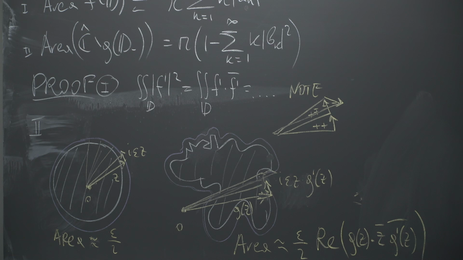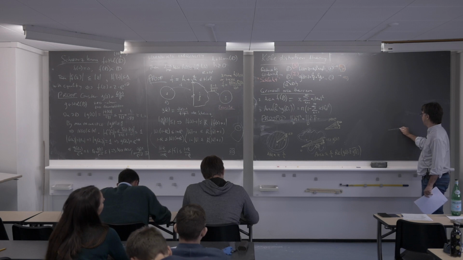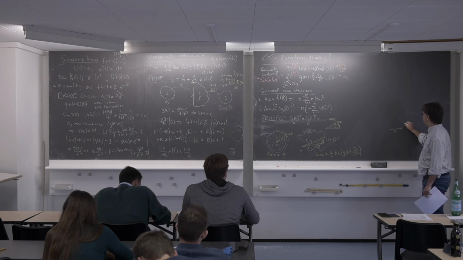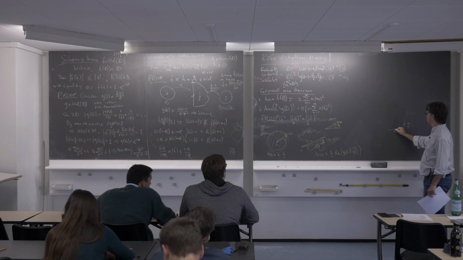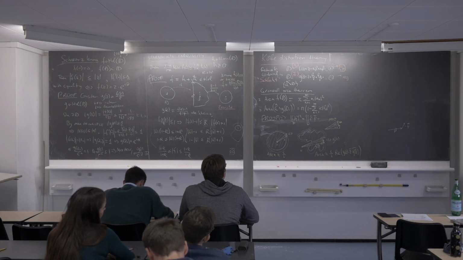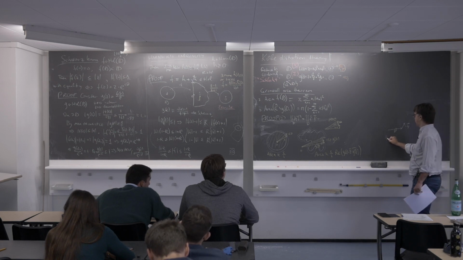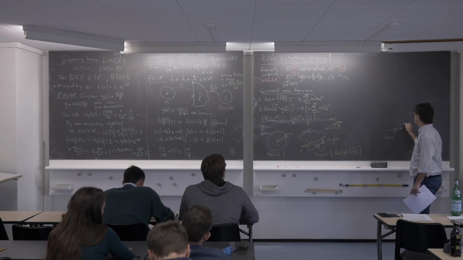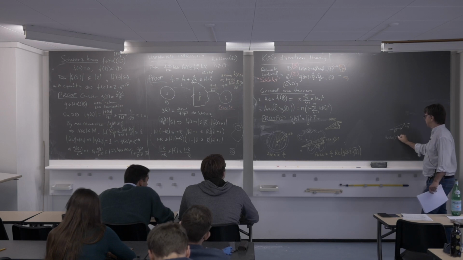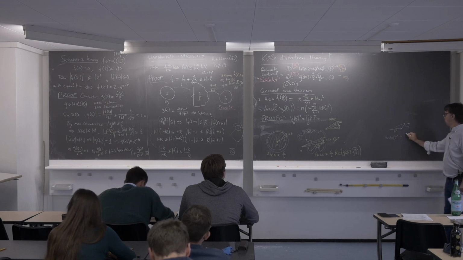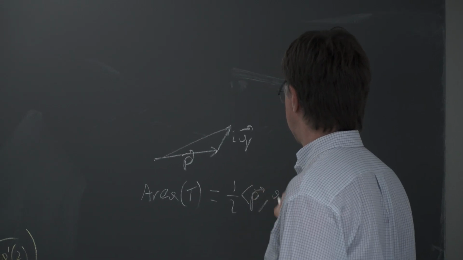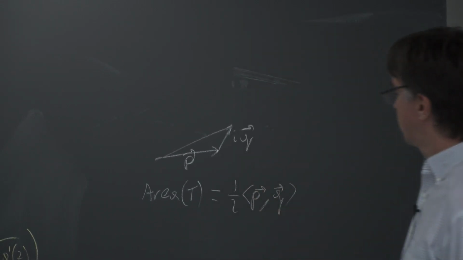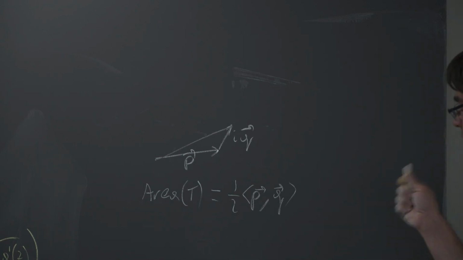So this is kind of an exercise. If I have a triangle which is formed by two vectors p and iq, so those are the two vectors, then what I claim is that the area of the triangle will be 1/2 of the scalar product pq.